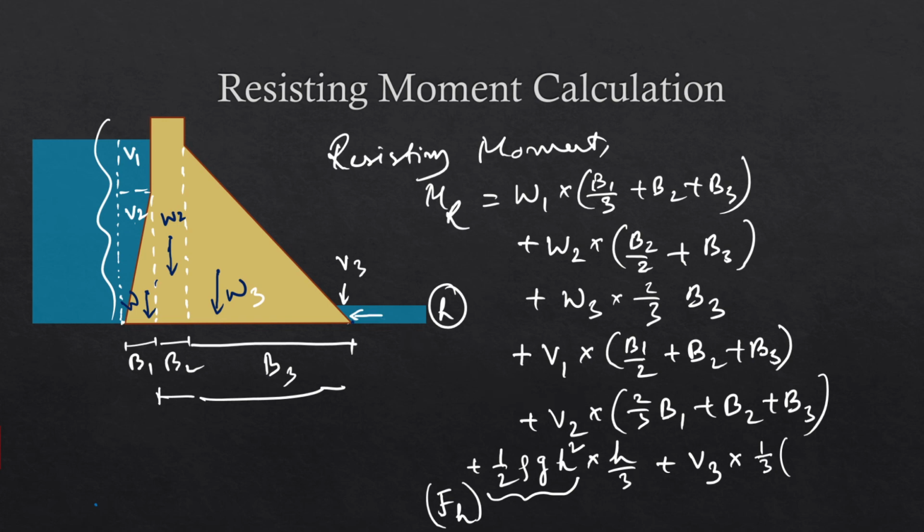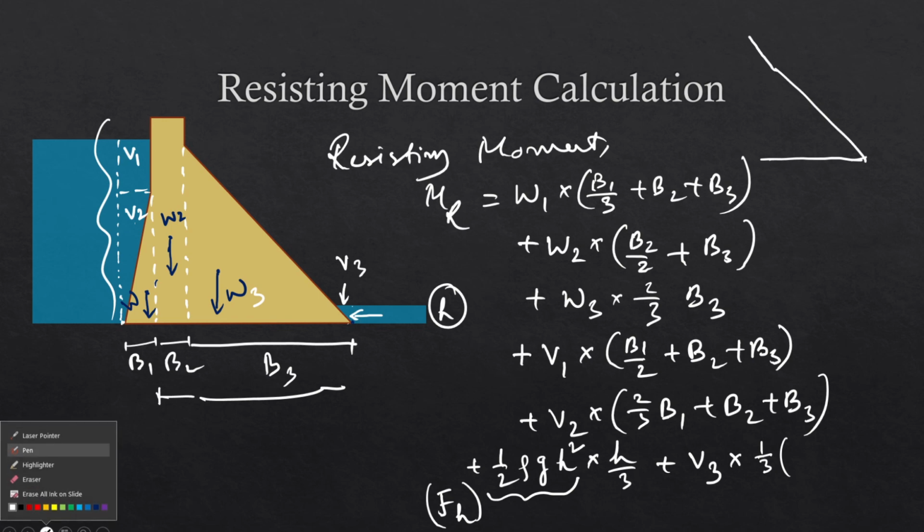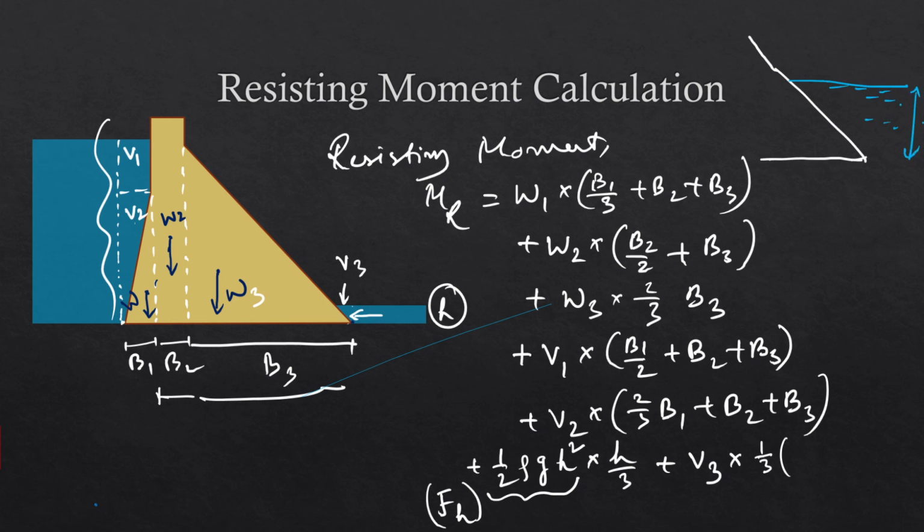here we'll have to calculate the distance in a different way. So suppose this is the dam near the toe, which is like this. Then we have water. This height is h.